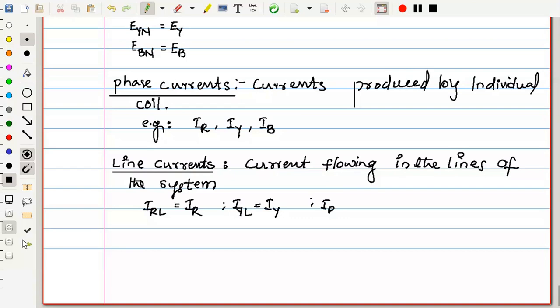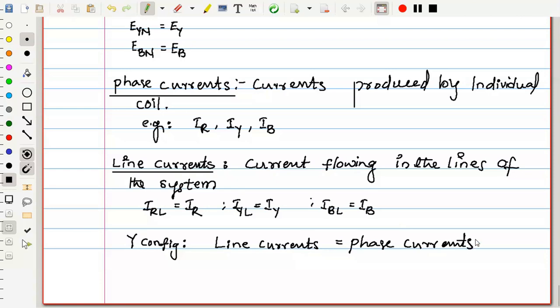The line current IBL is equal to IB. So try to understand that. Here let me put it in terms of star connected configuration, Y configuration: line current is equal to phase current. This is a very standard definition. You can refer to any book, this holds. So in Y configuration, line current is equal to phase current.